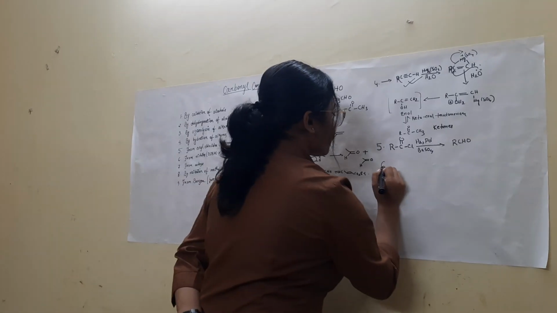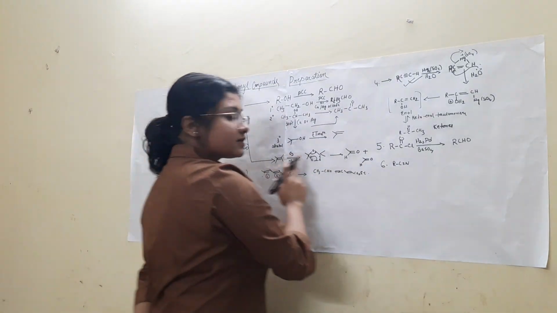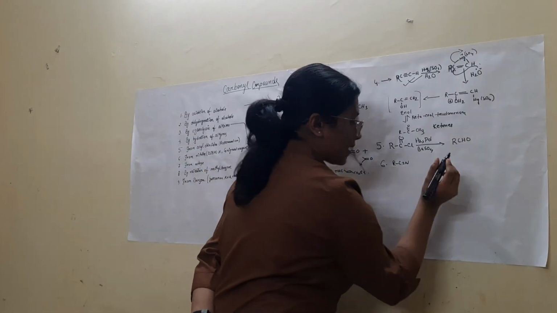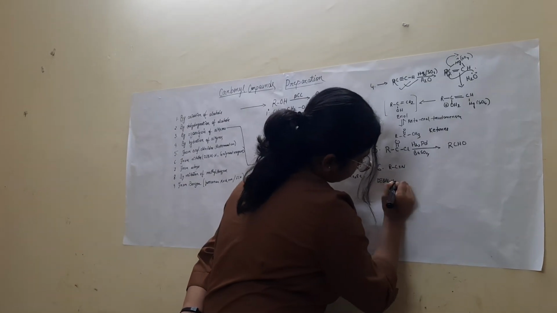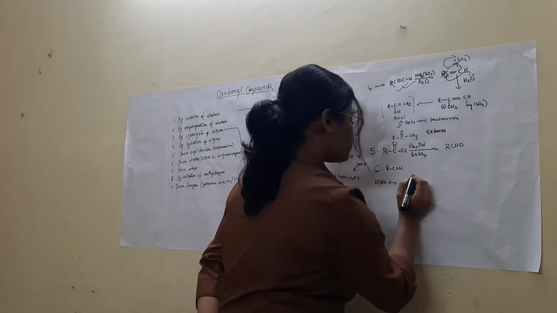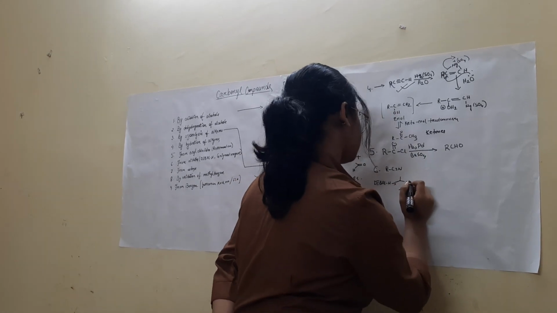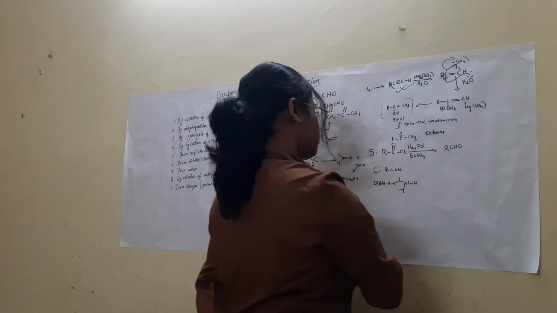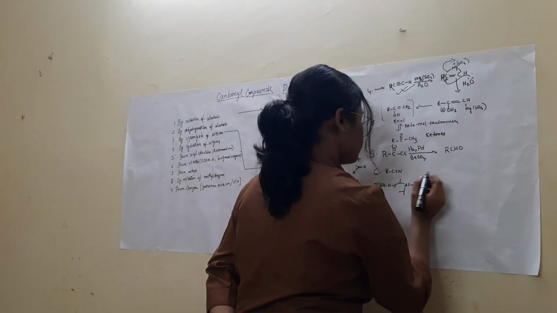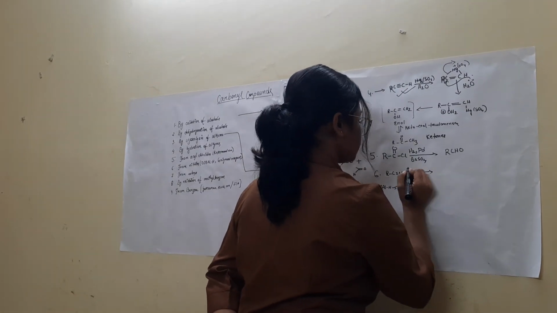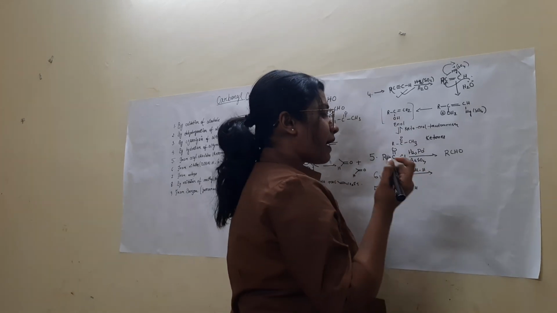6 is from nitriles. Now DIBAL. DIBAL is diisobutyl aluminum hydride. The structure is this. DIBAL is a good reducing agent, a mild reducing agent.